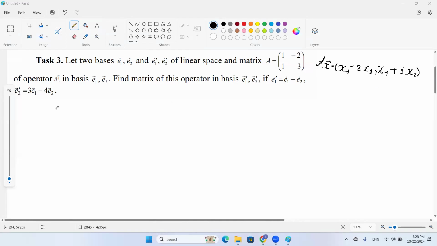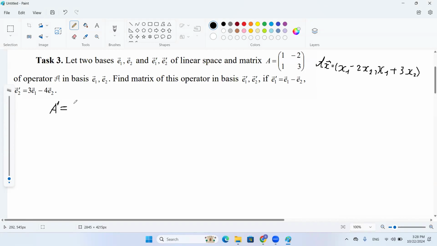Yeah, if I'm not mistaken, we must make a transition matrix from one basis to another. And do you remember the formula for the linear operator? How to move from one basis to another?